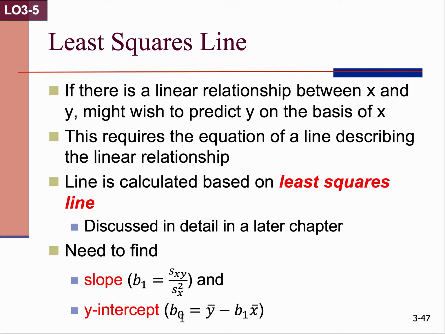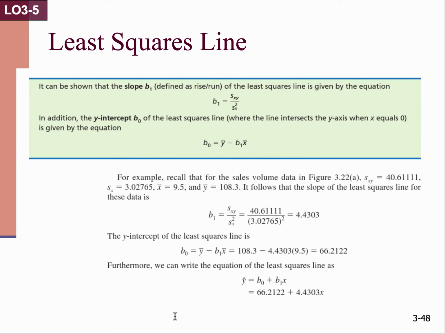The b0, which is the intercept, very easy: you take the mean of y, you subtract from it the slope multiplied by the mean of x, and you get the intercept. And we did it for this specific example. We ended up with y hat equal to 66.2122 plus 4.43 multiplied by x.